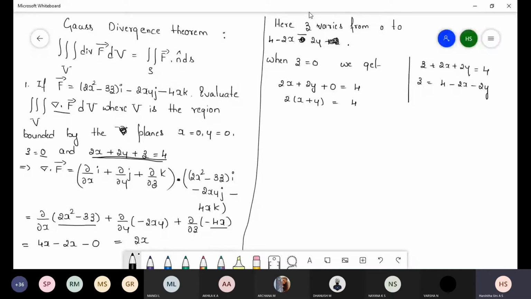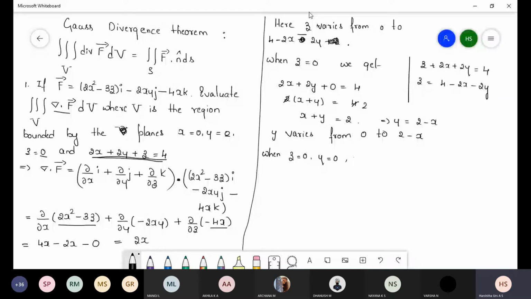Now when z is equal to 0, y is equal to 0, here we have to substitute z is equal to 0 and y varies from 0 to, we have to equate this given equation in terms of z.